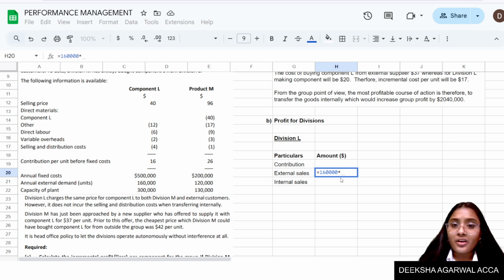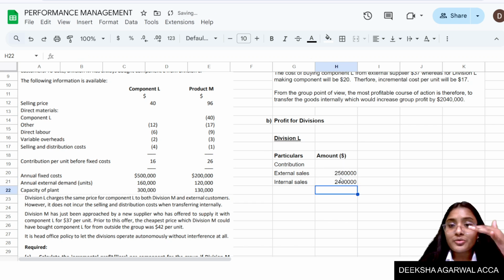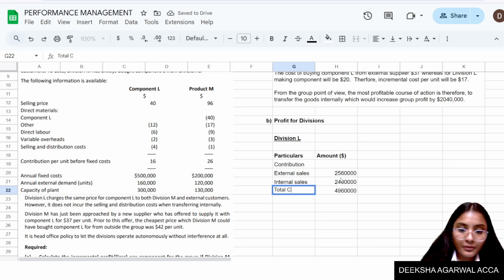Simple, $16 given to you directly. And for internal, it will be 1,20,000. How much will you be earning? 20. Why 20? Because the $4 selling and distribution cost is getting saved, isn't it? Even though internal transfer is more expensive, that we will see later on. That's not being considered. It is my total contribution.